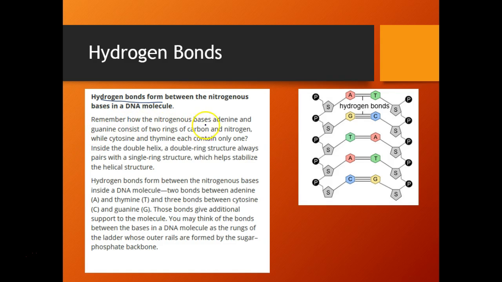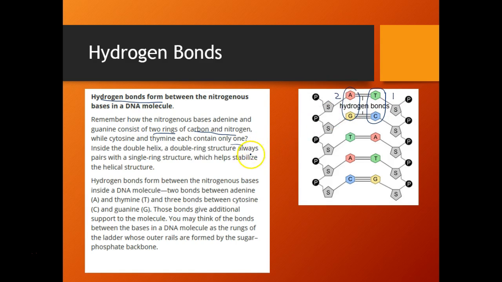So remember how the nitrogenous bases adenine and guanine consist of 2 rings of carbon and nitrogen called purines, while cytosine and thymine each contain only 1 because they're pyrimidines. Inside the double helix, a double ring structure always pairs with a single ring structure. So again, the adenine and guanine have 2 rings, whereas the thymine and cytosine only have 1.